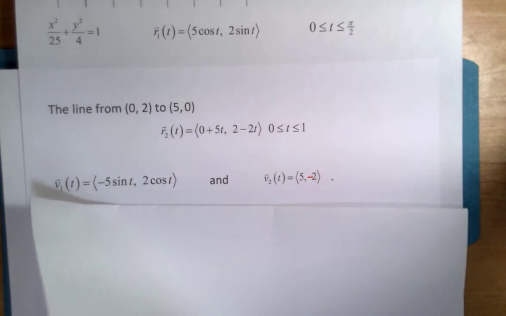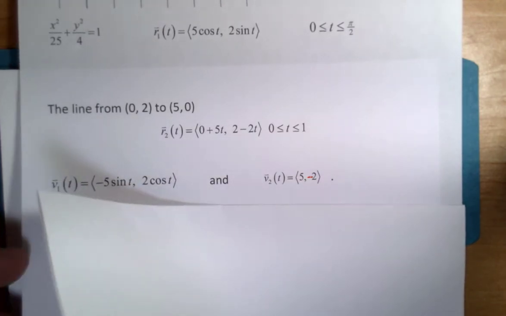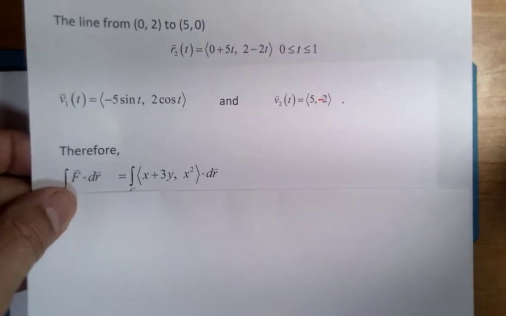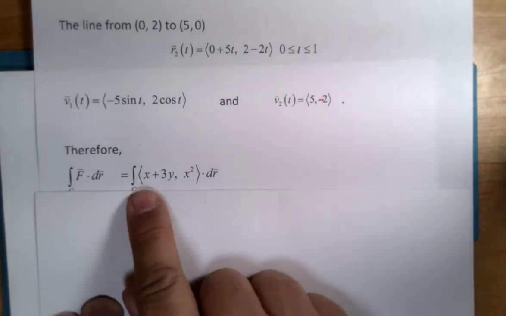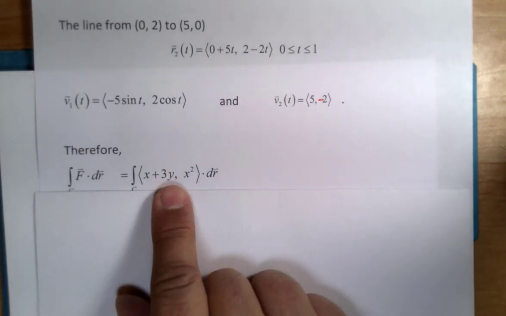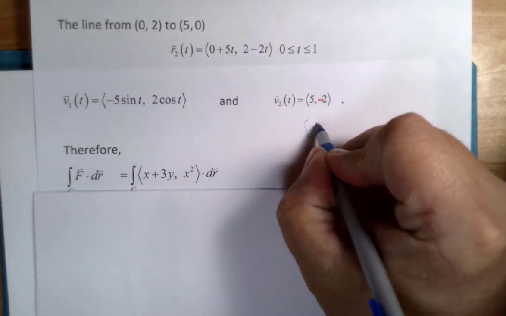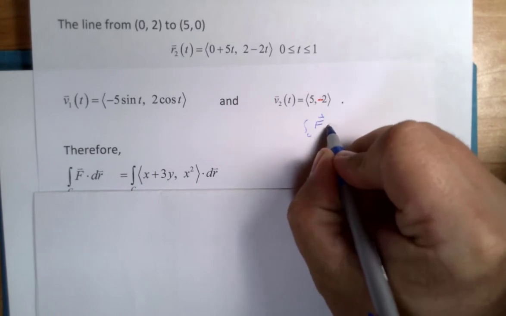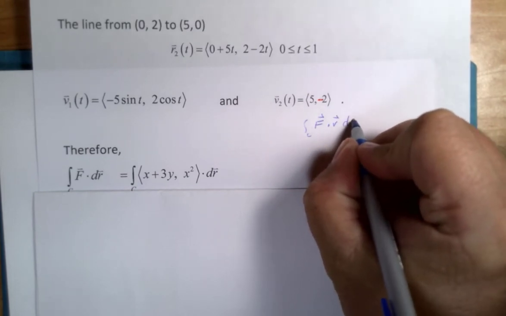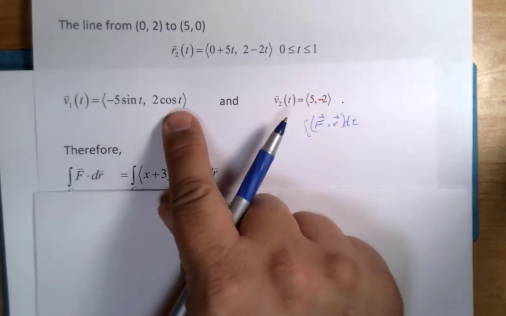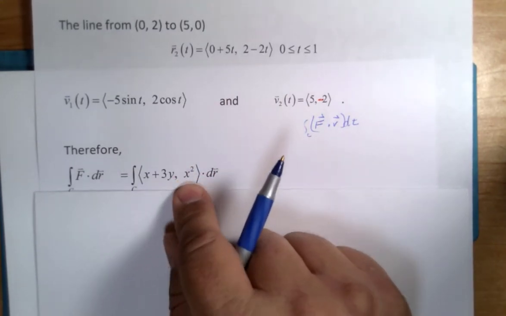Now, we want to set up the line integral. X and Y values. If our new integral is going to be in terms of t, as I mentioned, the line integral of the vector field dot product velocity vector with respect to t, I may have my velocity vectors, and I may even have t as a variable here, but that's not t.